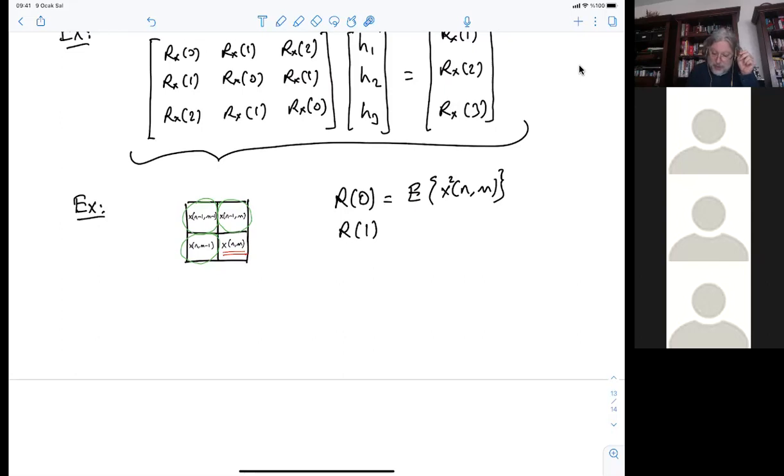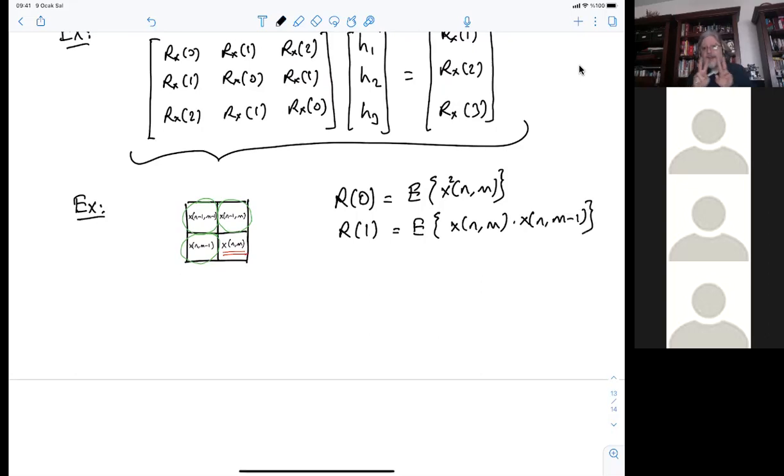So is this R1? Is it R01 or R10? Is it the horizontal or the vertical correlation I'm talking about? So what I'm telling you is this: you have to make your definition of R1 here. Which are you using? Let's use the horizontal ones. So that's equal to the expected value of x of n m times x of n m minus 1.